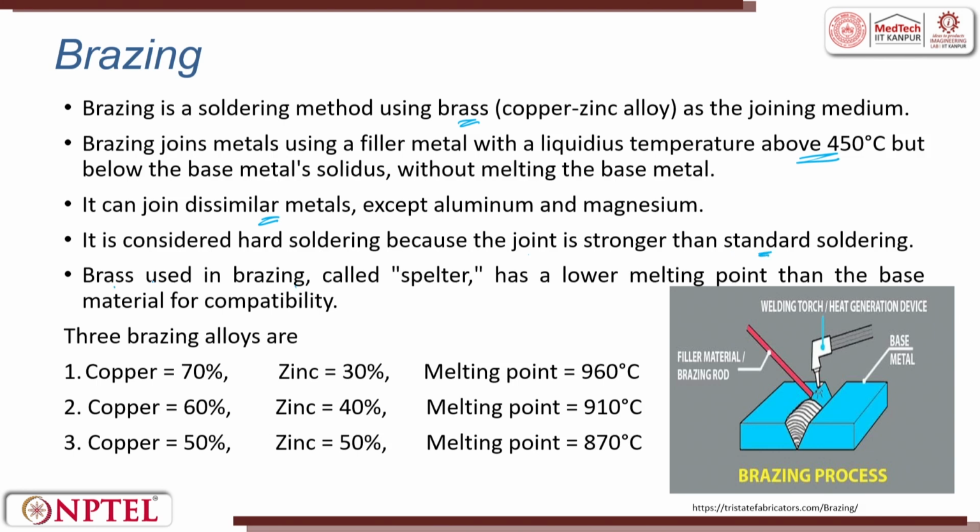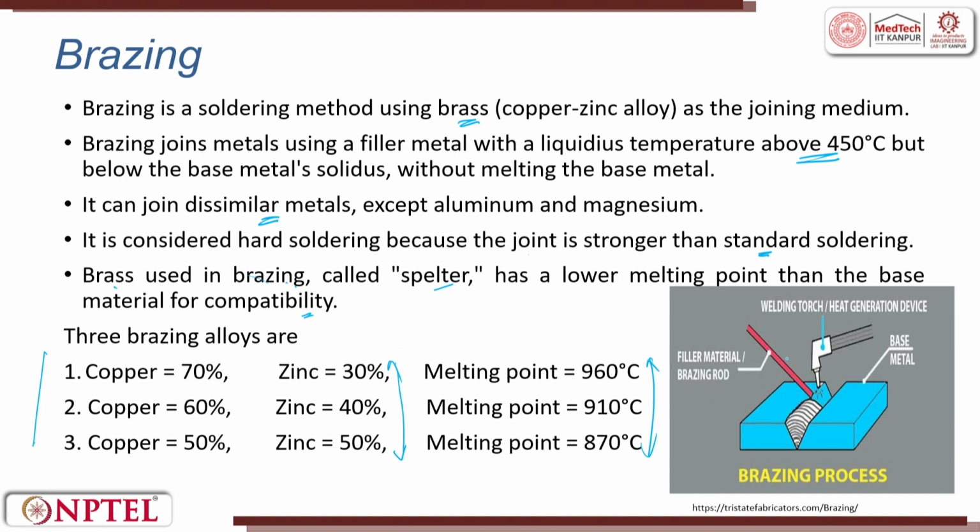The brass used in brazing, called spelter, has a lower melting point than the base material. For the alloy composition, you can have copper 70%, 60%, 50%, and accordingly zinc changes, and you see a variation in the melting point. So much heat has to be applied.